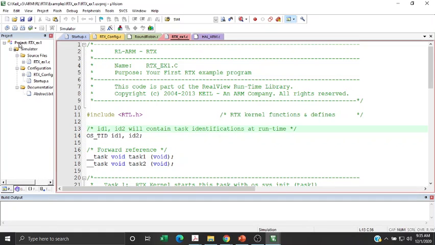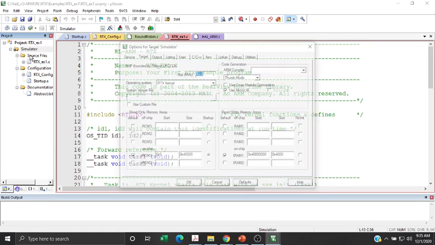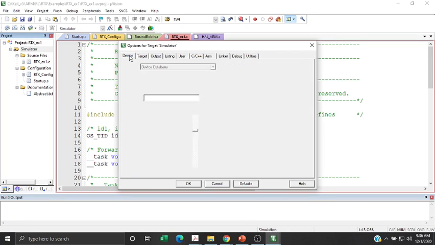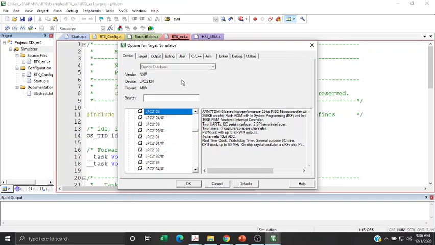Okay, then. This is a simulator, but if you want to implement it, I can implement it with respect to the processor of choice. NXP founded LPC2124, if you can state this. Whenever you choose a device, you first wanted to select LPC2148 because you want to implement that particular system onto a particular platform.